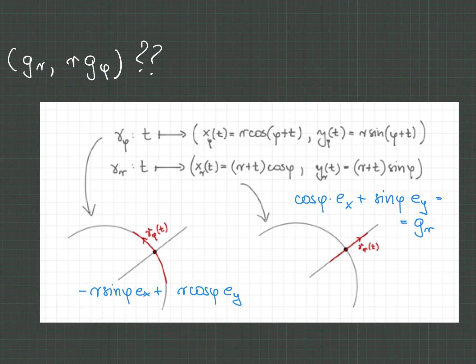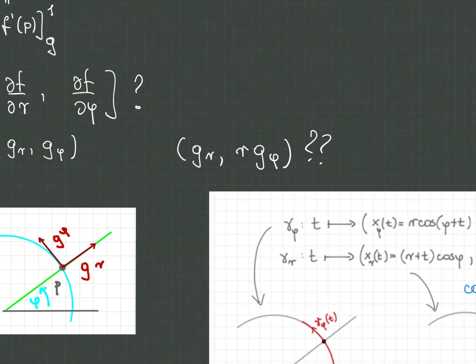This is the vector tangent to the coordinate curve, and the parameter of the curve changes in the same way as the coordinate changes. There is a very convenient notation for those two vectors. This will be denoted by dr and this will be denoted by d phi. Why such a notation? Precisely because those vectors correspond to differentiation with respect to the coordinates of this new coordinate system.